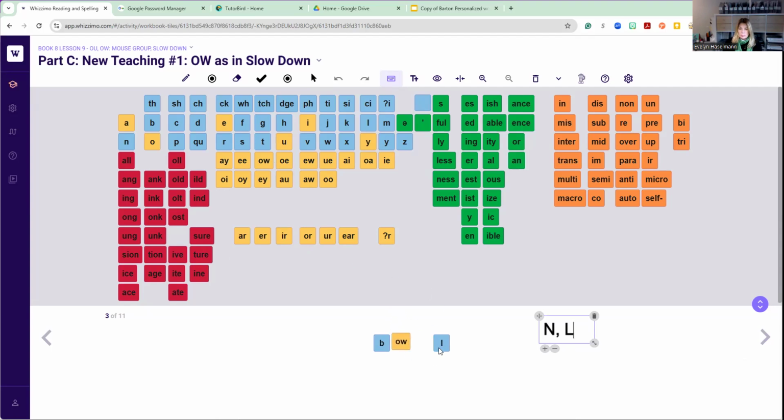We can add suffixes onto that, make the word bowling. We can spell the word grown. We know that's got to be an O-W because there's one N right there.